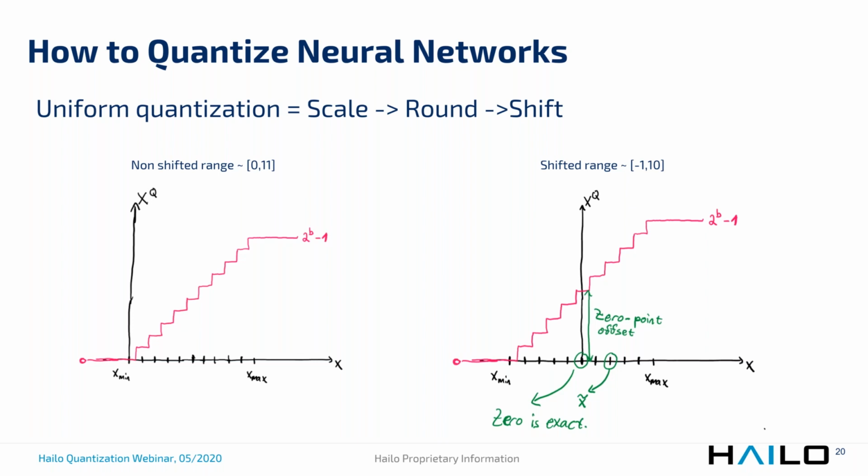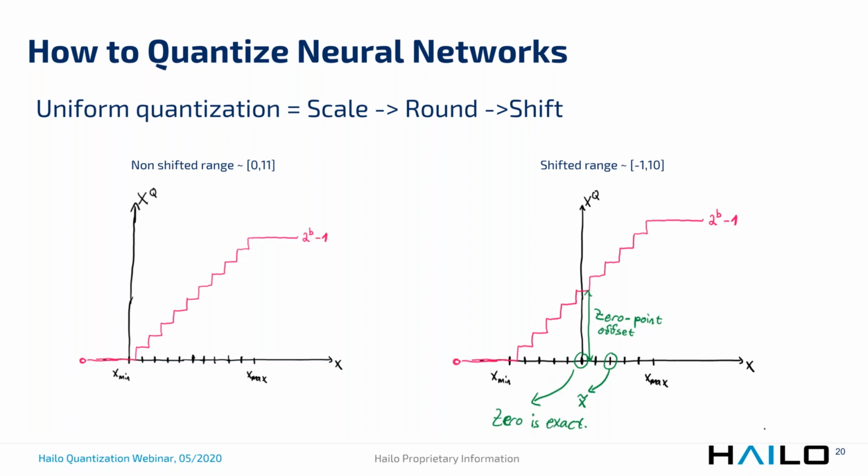However, we now need to introduce a shifting factor because the 0 in the integer domain always represents the smallest number. And in our case, the smallest number is -1. So there's no longer a correspondence between the 0 in the integer domain and the 0 in the real numbers domain. And to compensate for that, we're going to introduce an offset. And that's going to be the shifting operation.